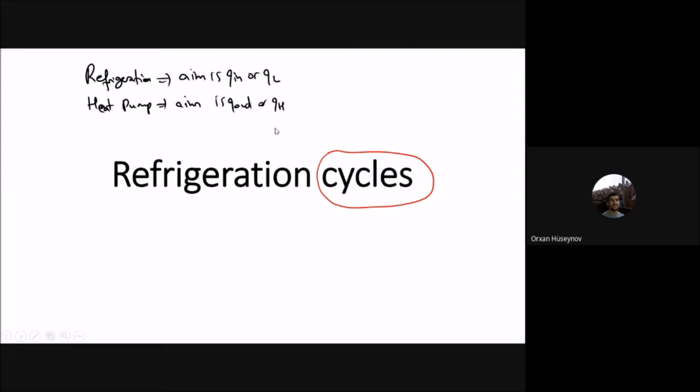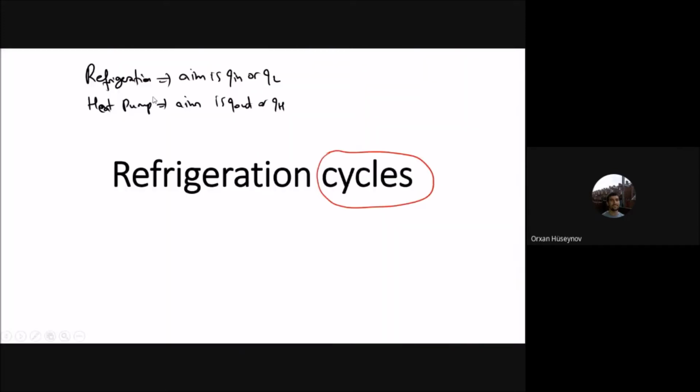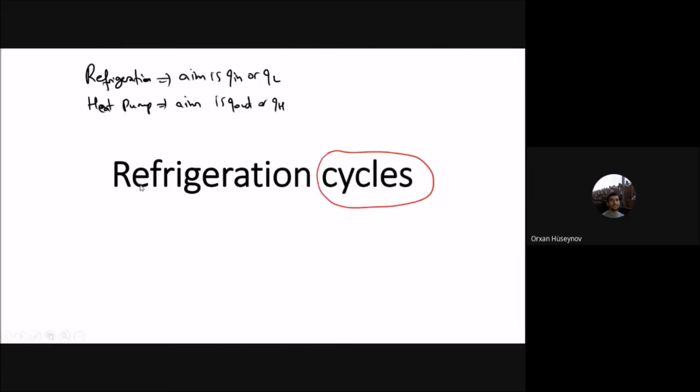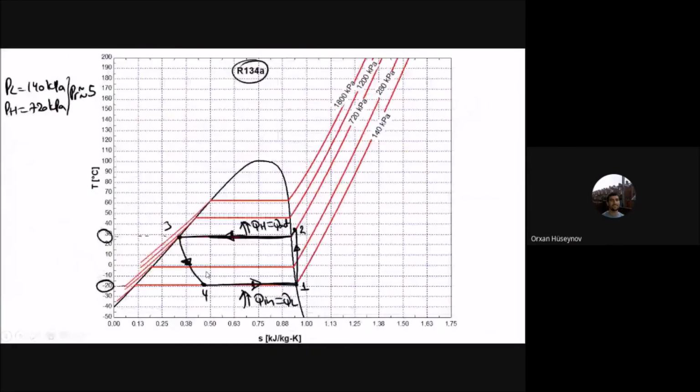In a heat pump, this is the part that is inside the room, for example inside the office building. If you want to cool the room, for example in summer, it is refrigeration. If you are trying to heat the room, for example in winter, it is a heat pump. At the end, they are the same components, but the name is different.